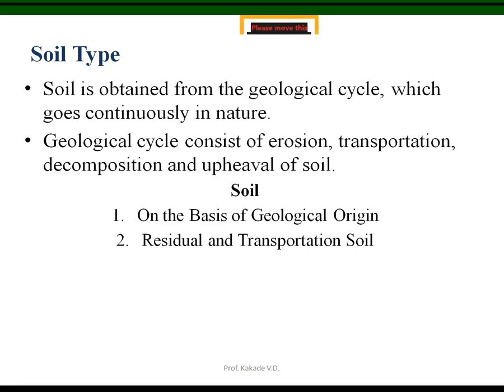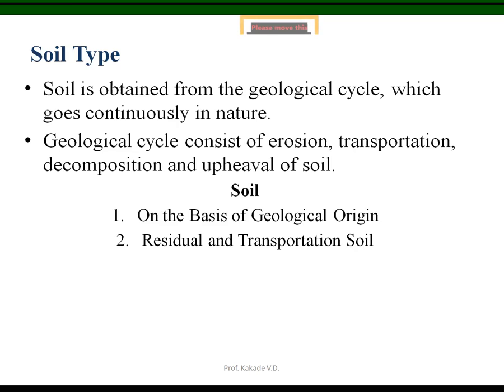Then the soil is transported to another land, or remains as residual soil in a particular situation. Then consolidation happens, metamorphic conditions occur, and due to some other factors, through consolidation and compaction, the soil again becomes rock.